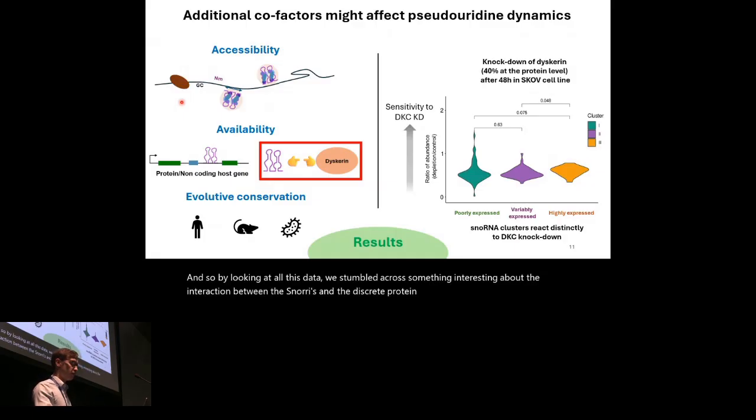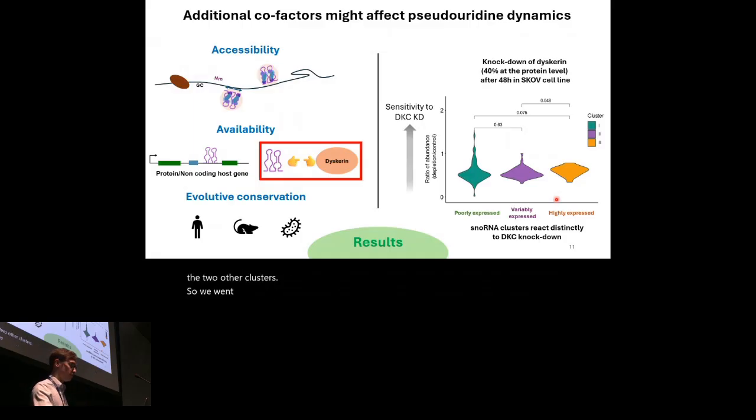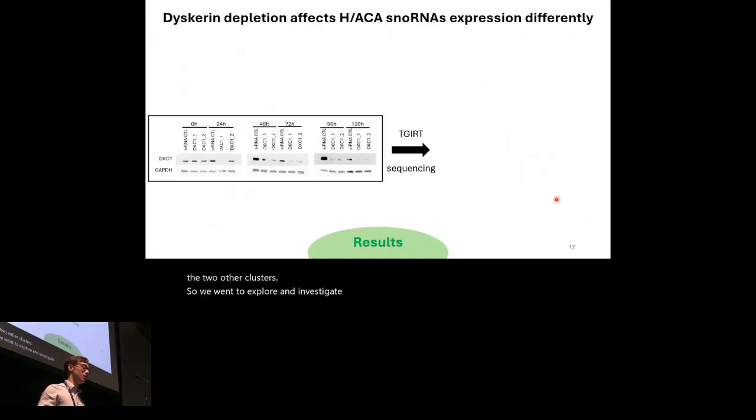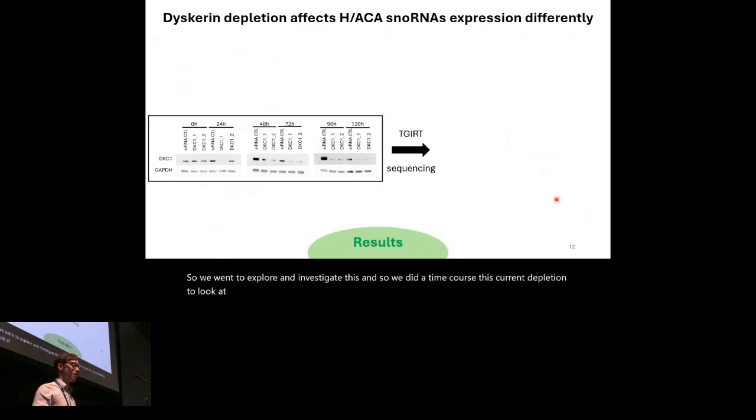If you look at the snoRNA expression after a discrete knockdown, you will see that my cluster of highly expressed snoRNA is proportionally less sensitive to the discrete knockdown compared to the two other clusters. So we went to investigate this, and we did a time course discrete depletion to look at the specific effect of discrete scarcity and how it could impact the individual expression of HAC snoRNA over time.